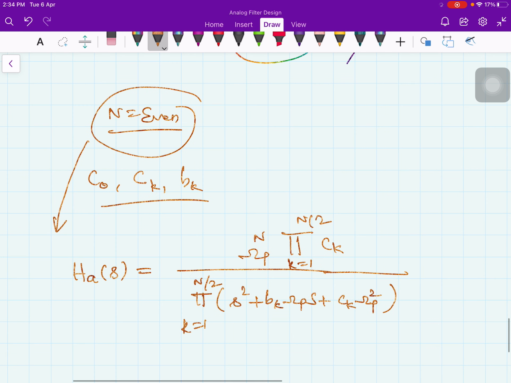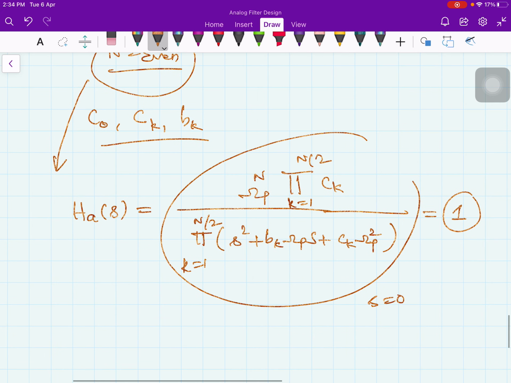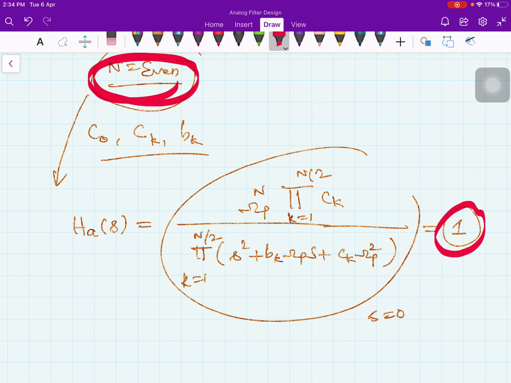Okay, so now this means the DC value is going to be 1. So in this expression if you substitute s equal to 0, then you'll get 1. But for capital N even, see our condition is capital N is even. If capital N is even, the DC value is not 1, it is going to be 1 by square root of 1 plus epsilon squared.